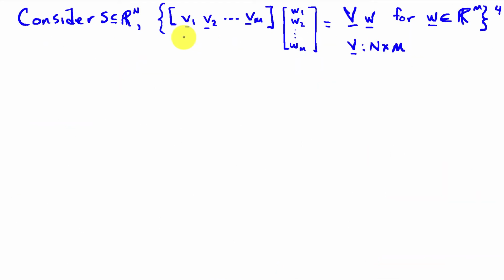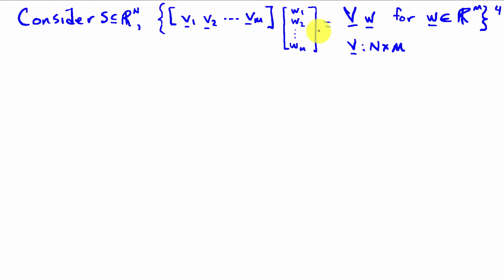We motivated looking at subspaces from the classification and modeling problem and then the matrix approximation problem. In those cases, we saw that we had a span of a set of vectors. So let's suppose we define a subspace to be a weighted sum of vectors v1, v2 through vm.